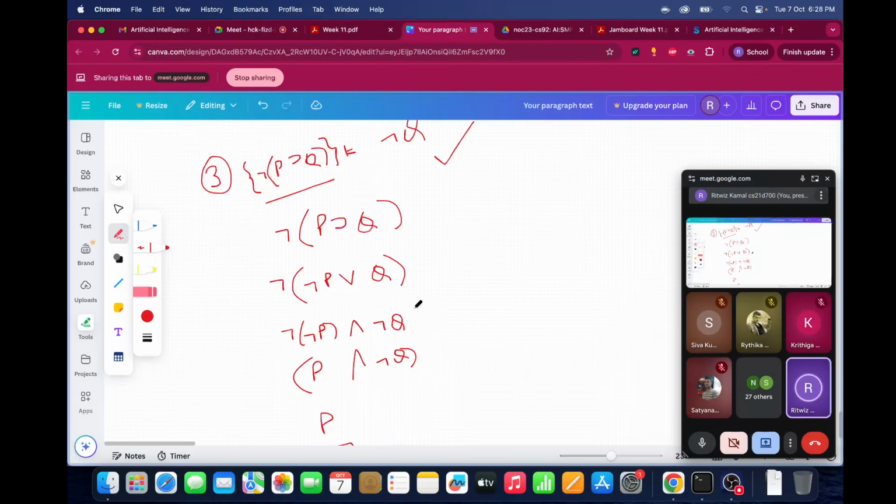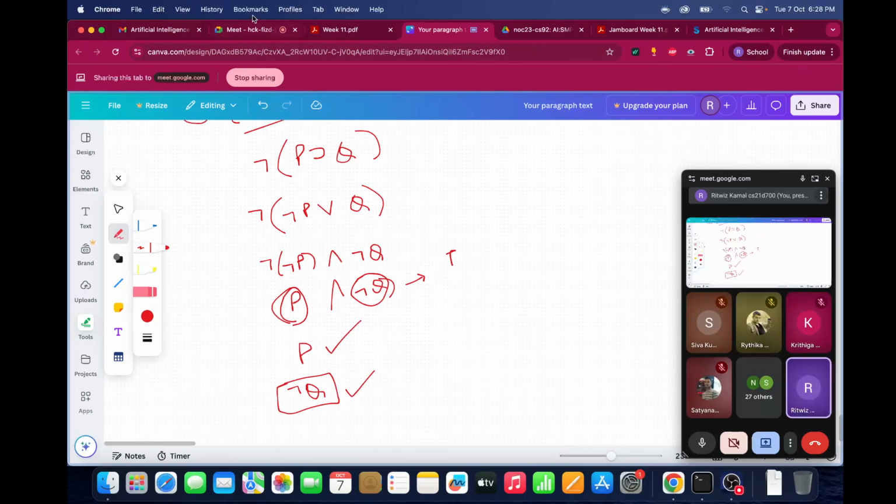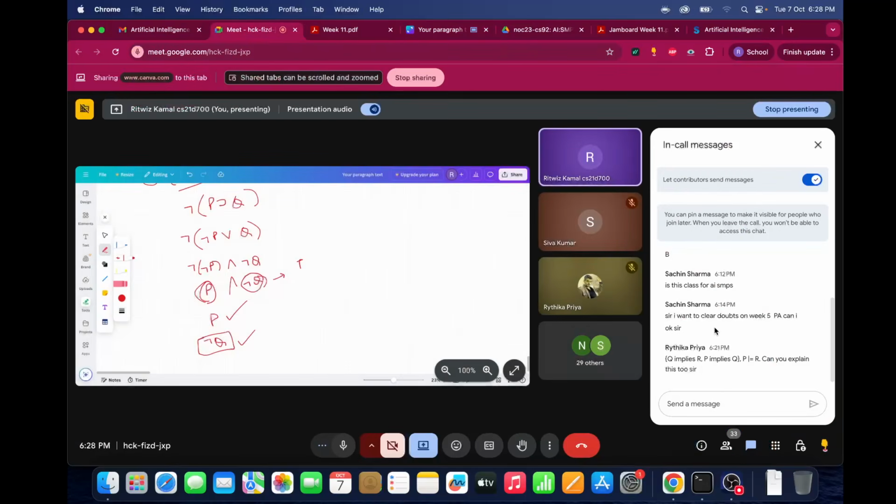So here what we are doing is we are saying that this thing is true. And for this to be true, this has to be true and this has to be true because this is an AND operator. So P is also true independently, not Q is true independently. Was that your question or am I missing something? Okay, agree.